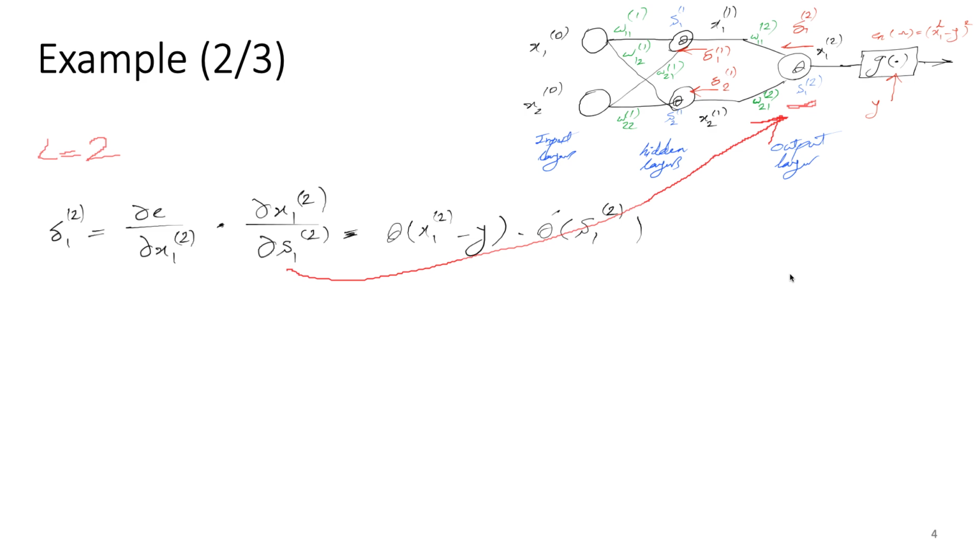And this itself is equal to the activation function that you use in order to generate the output, this theta here, multiplied by this value, which would become theta prime of S1, 2. Okay? So that's for the first delta.